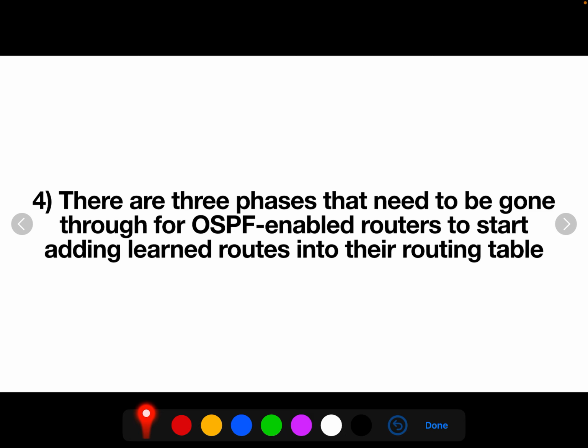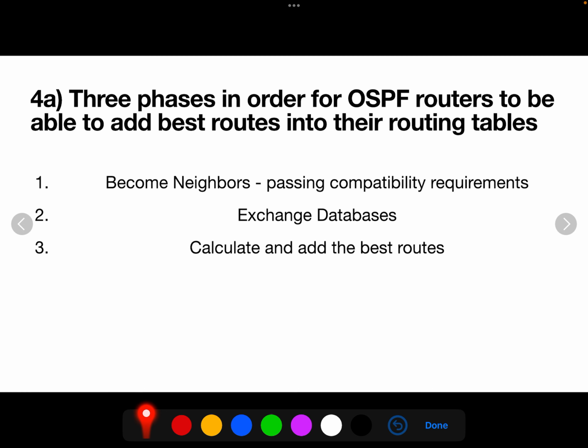So now, section 4. There are 3 phases that OSPF-enabled routers need to go through to start adding learned routes into their routing table. Firstly, going through the process of becoming neighbors, passing compatibility requirements.